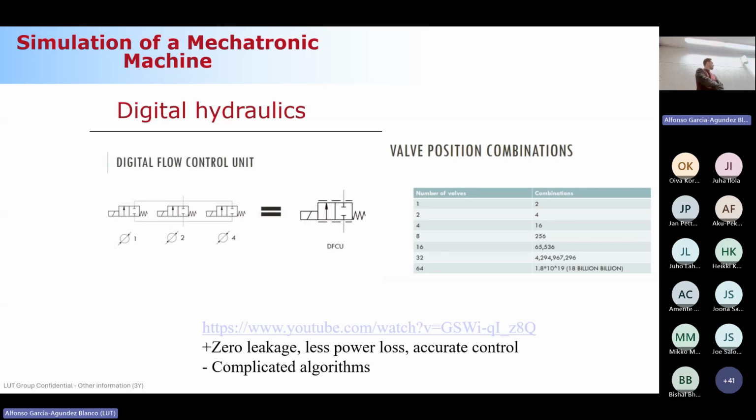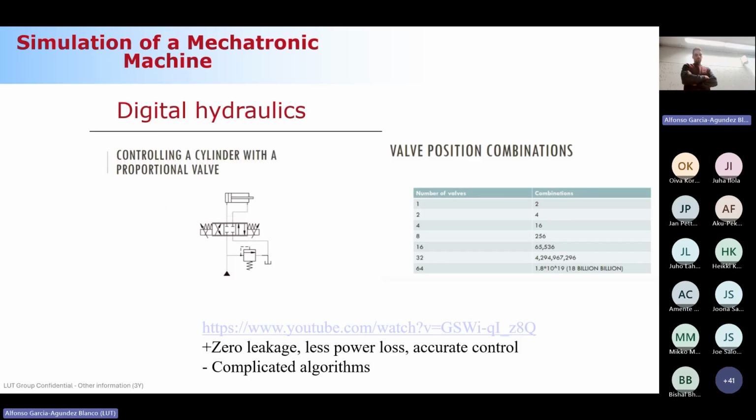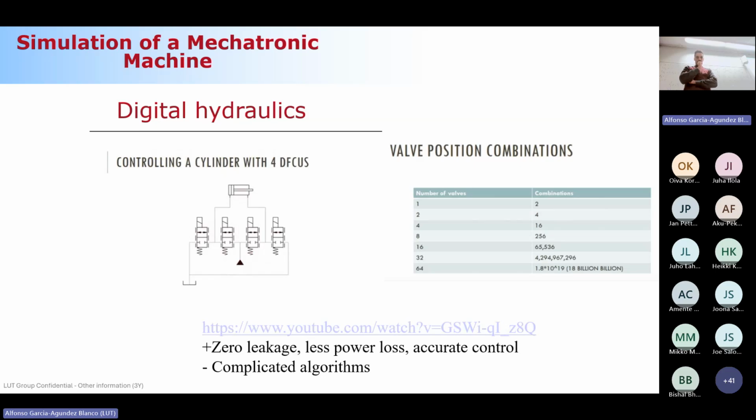A group of on-off valves in parallel make up a digital flow control unit, called DFCU. At least 4 of these units are needed to substitute a proportional valve in a hydraulic circuit. Each DFCU is used to control one of the 4 control edges. The main benefit of digital hydraulics is the ability to control each control edge independently.